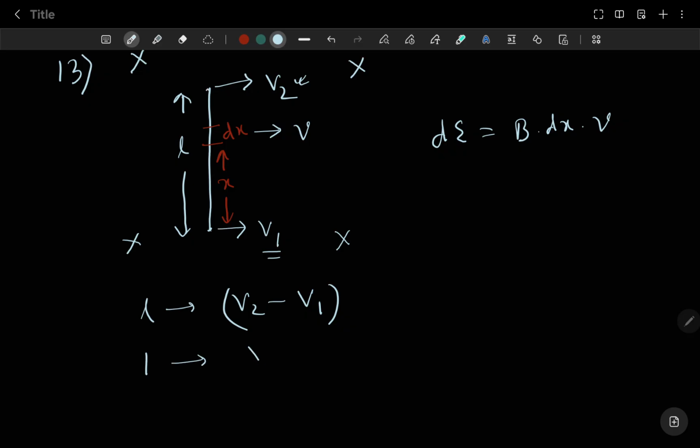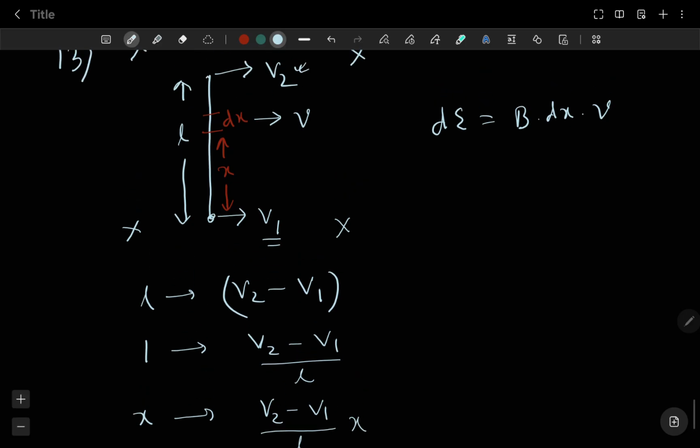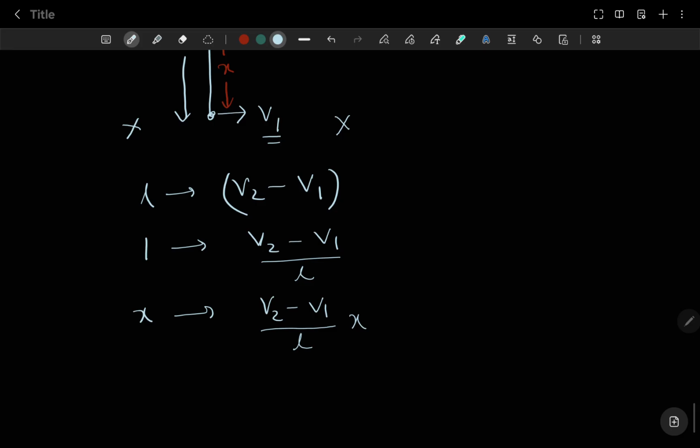So per unit length the change in velocity is this. So in x length the change in velocity will be this into x. So the velocity at this end is V1. So what will be the velocity at this point? That is, what will be V?